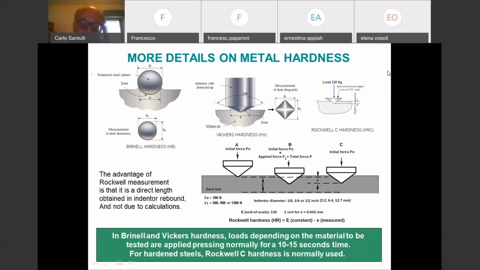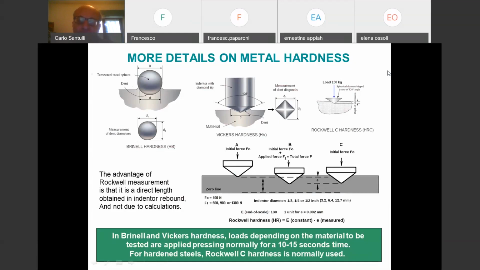Then another type of measurement that was introduced is the Rockwell one. Rockwell measurement has got a number of different possible scales. The one which is used on hardened steel is the Rockwell C. And the difference of the Rockwell measurement with respect to Brinell and Vickers is that you don't have a measurement on the indentation.